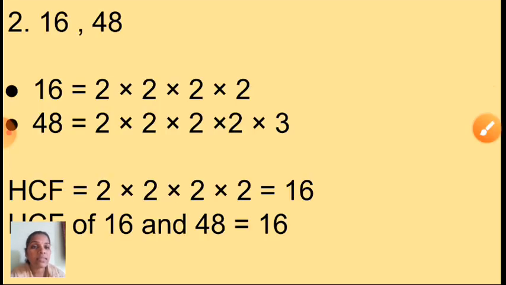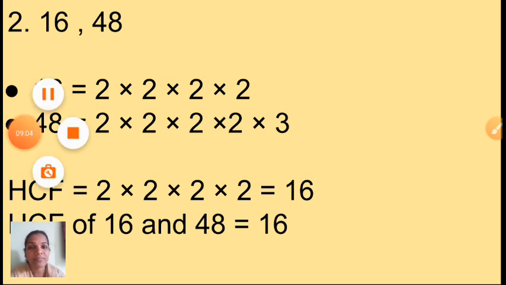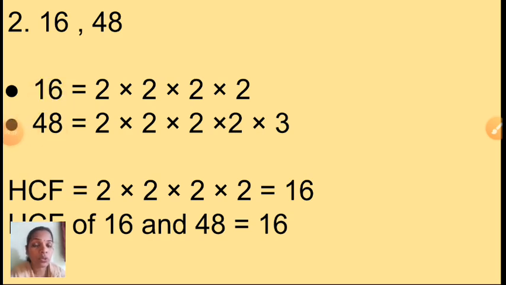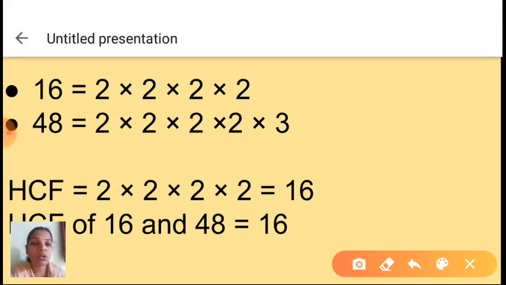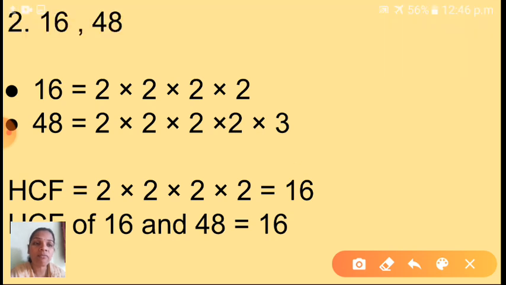Next one is 16 and 48. The HCF of 16 and 48 we have to find. Are you ready children? See here children, again I am going to use which method? Prime factorization method. Okay, so first what do we have to do? 16. What are the prime factors we have to find? How do we have to find?